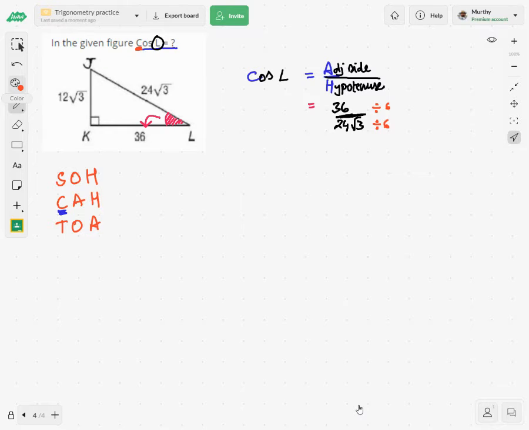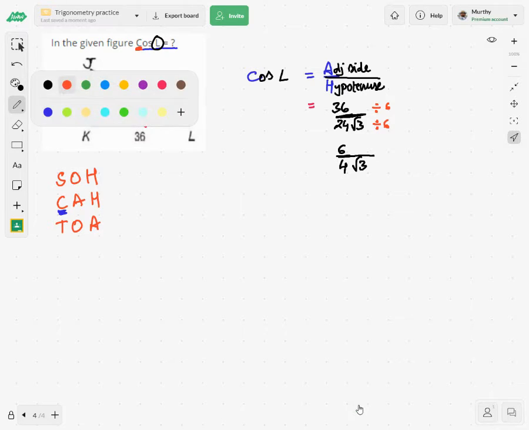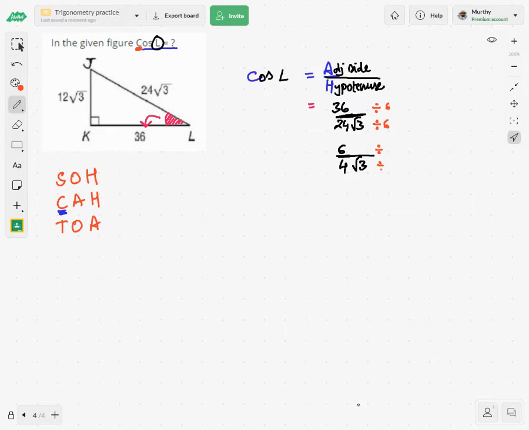Then what is 36 divided by 6? 6 times 6 is 36, and 24 divided by 6 is 4. Don't forget to keep the square root 3 here. Can you divide 6 and 4 again? Yes, by 2. In case you are comfortable, you can divide by 12 in the first step itself, since 36 and 24 are both divisible by 12.